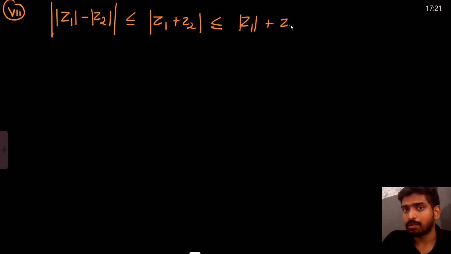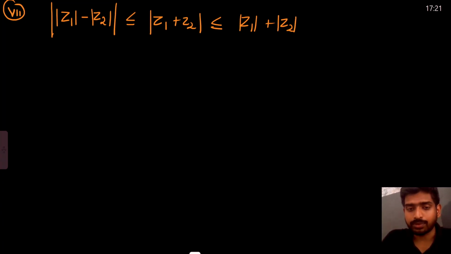Property 7 of a complex number says that the absolute value of modulus of z1 minus modulus of z2 is always smaller than or equal to modulus of z1 plus z2, which is smaller than or equal to modulus of z1 plus modulus of z2.